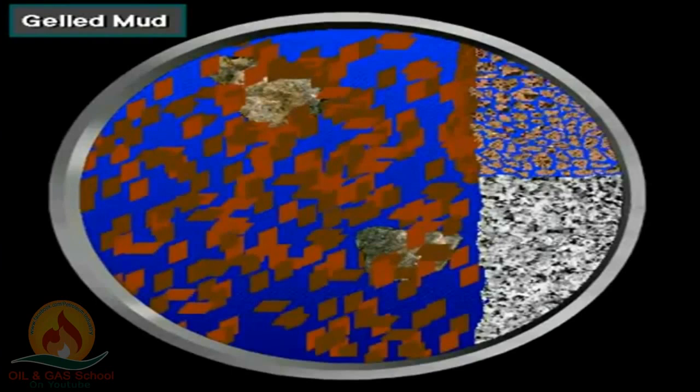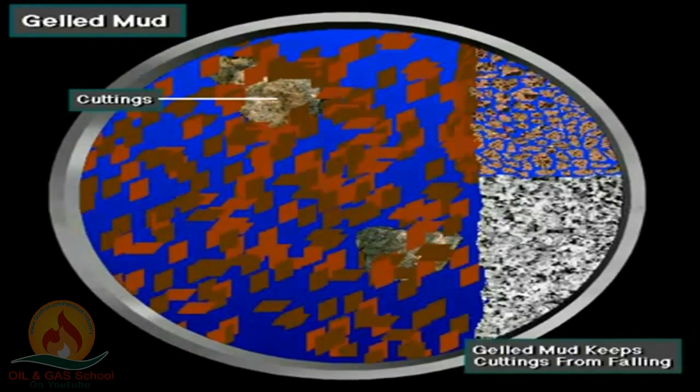At rest, mud gels. That is, it becomes a semi-solid like gelatin. Gelled mud suspends the cuttings. Gelling keeps the cuttings from falling downhole and piling up around the bit.